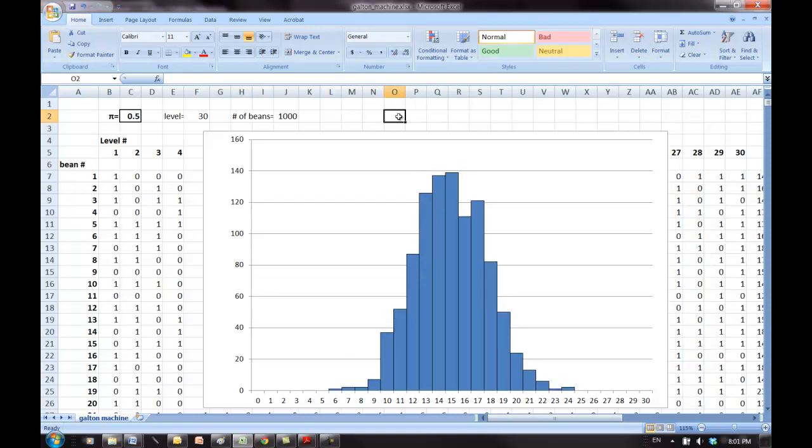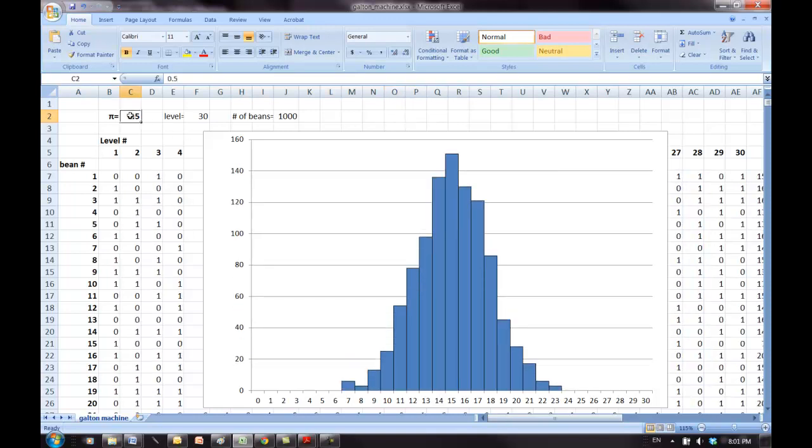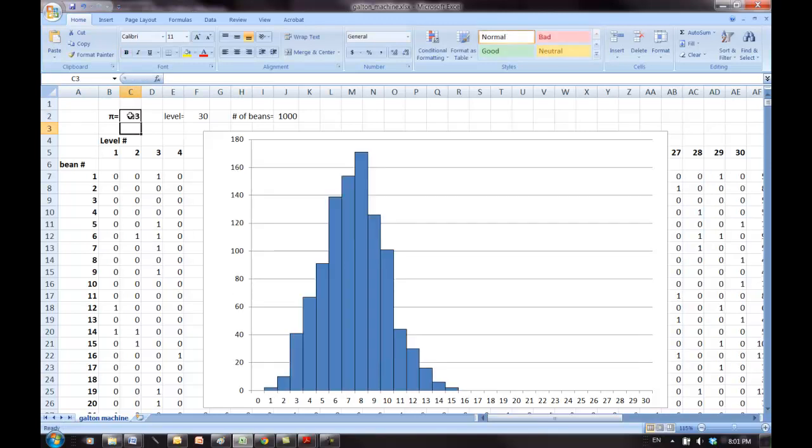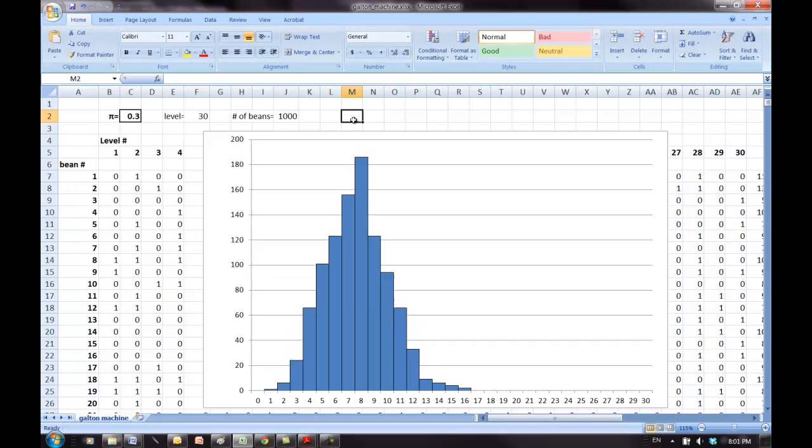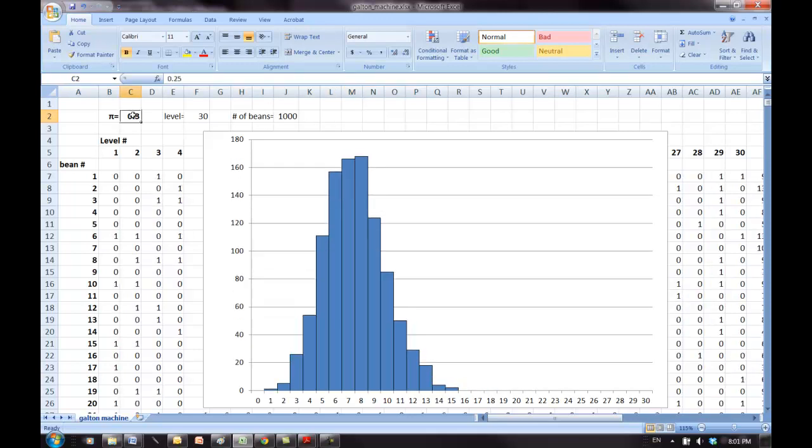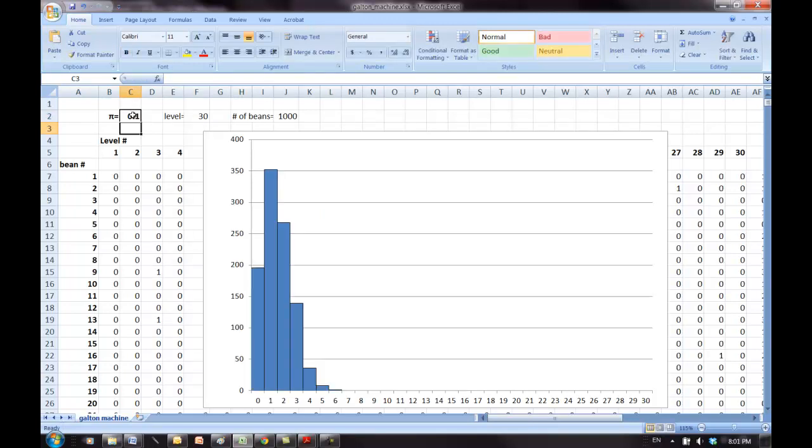Also, if we change the probability of going left or right to a different value, for example 0.25, we notice that the curve shifts to the left, and we can continue decreasing the probability to an even smaller number.